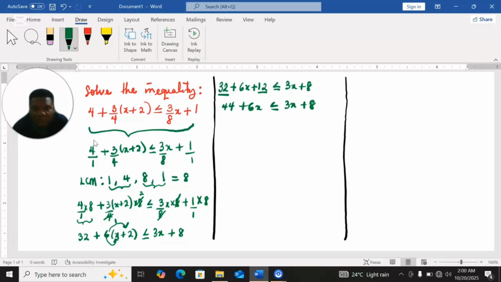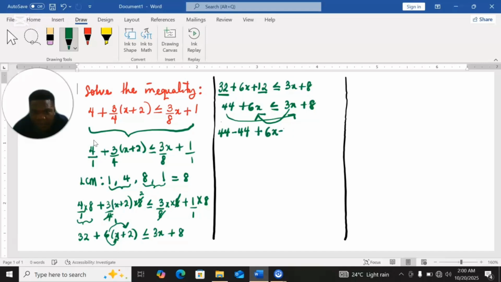Now, since I want 44 moved from the left hand side to the right hand side, and I want 3x moved from the right hand side to the left hand side, I'm going to do the following. So for 44 to leave the left hand side to the right hand side, we should subtract 44 from both sides. And for 3x to move from here, we should subtract 3x from both sides.